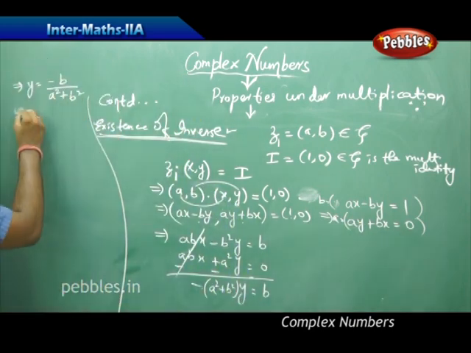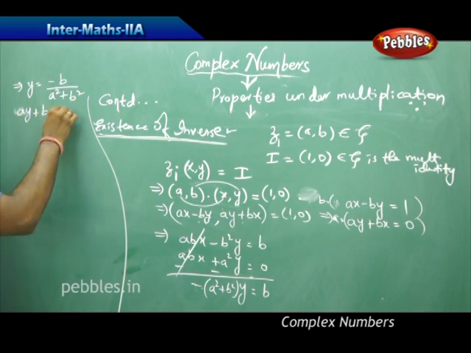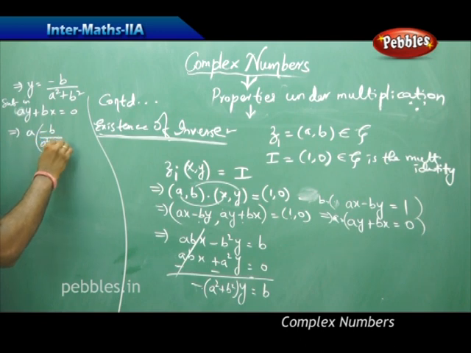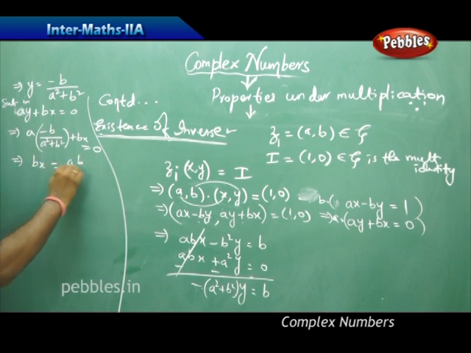That is, when I substitute this in the equation ay plus bx equal to 0, that implies a times of y plus bx equals 0, that implies bx is ab by a squared plus b squared.